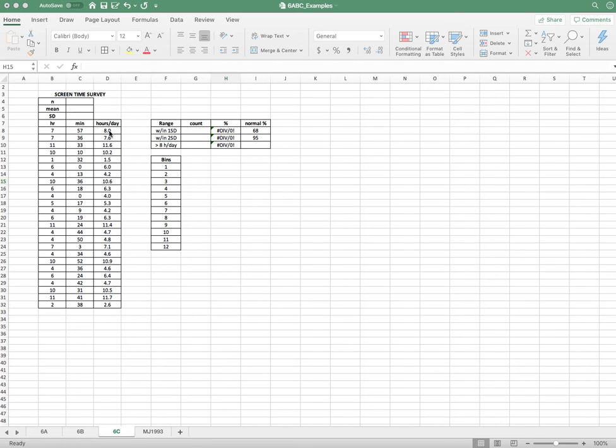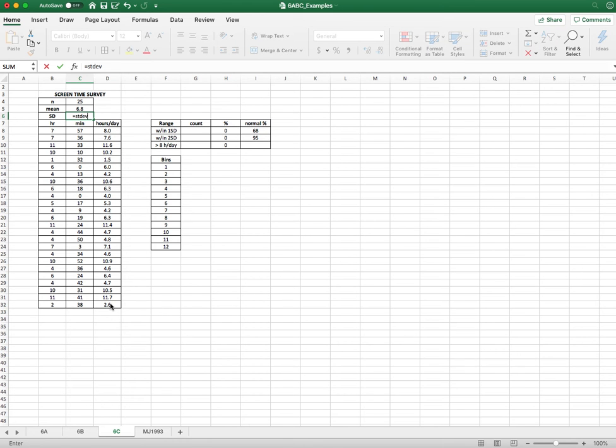Anyway, so let's see, how many data points did we get? Equals count, and we'll count the number of data points here. All right, so we got 25 data points. We can calculate what the average is, or the mean, from our data set, and the standard deviation.